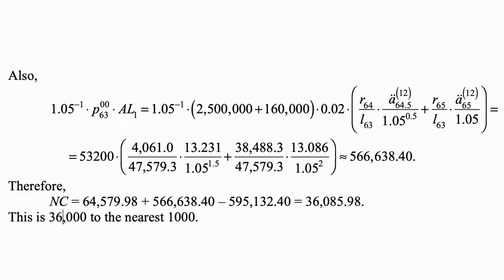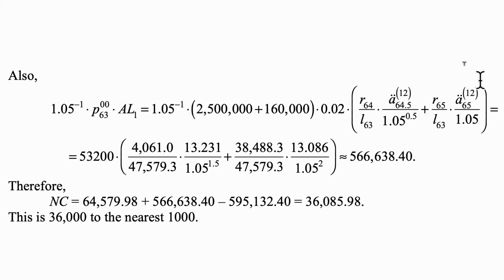And here we have the values that account for the actual present value at the time of retirement with this annuity value at age 64.5, which is discounted back by half a year to age 64, and then this is the probability of the payment, R64 over L63, but one more year of discounting with this 1.05 to the negative 1, and then retirement age 65, and the probability of it discounted 1 year and then one more year here.